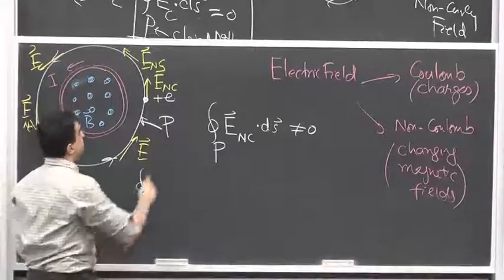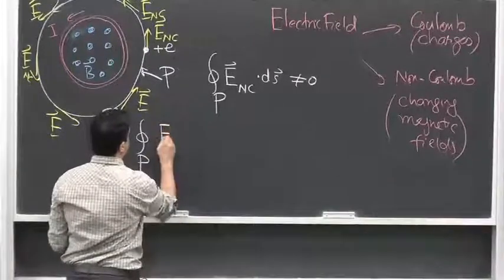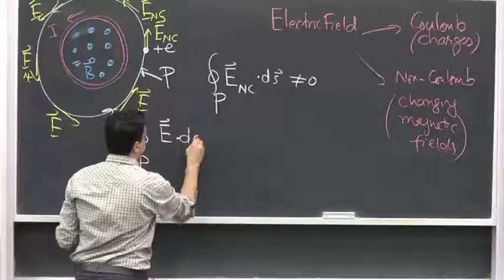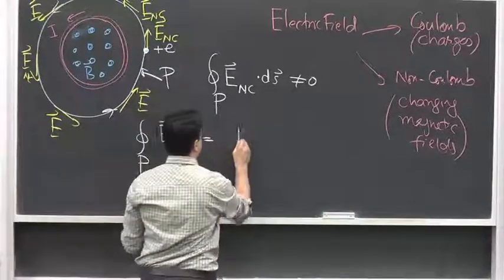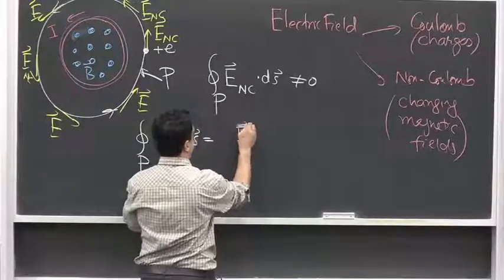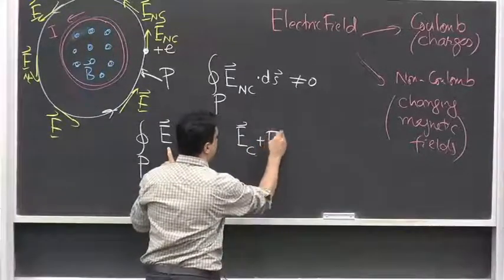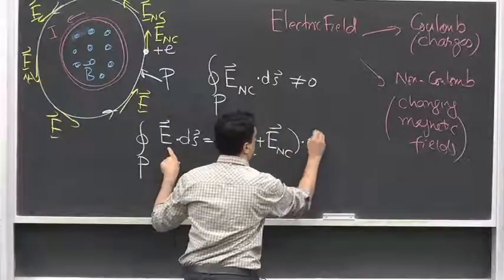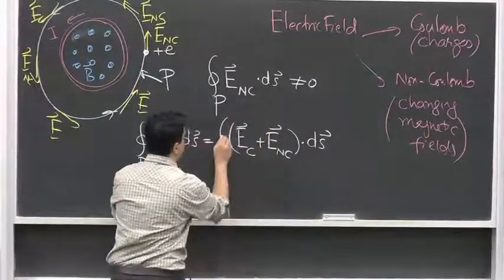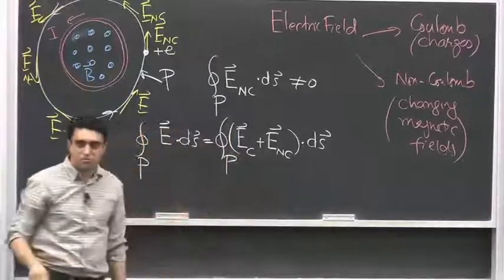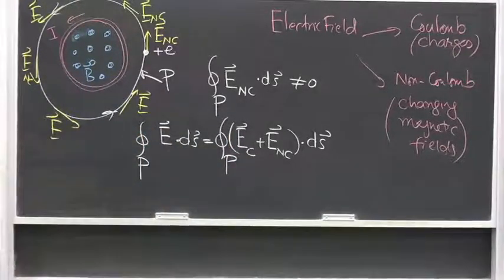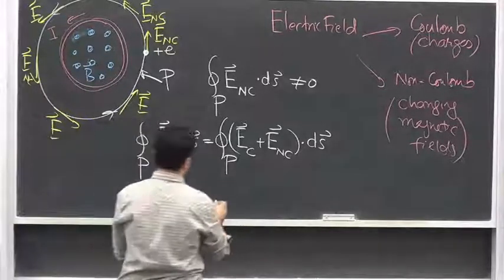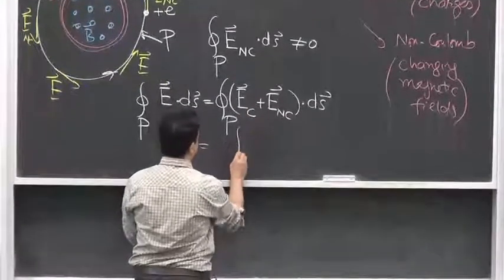Faraday suggested that we can write E dot ds in this way: we have an E field which can be of two sorts, a Coulomb field or a non-Coulombic field, and we have to take an integral of both fields to get the total line integral for an electric field. And if you do this, you can separate it into two parts.